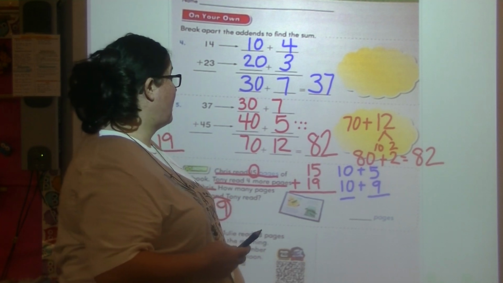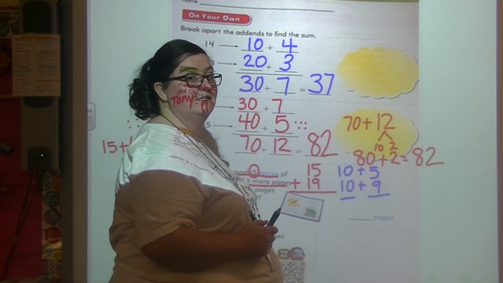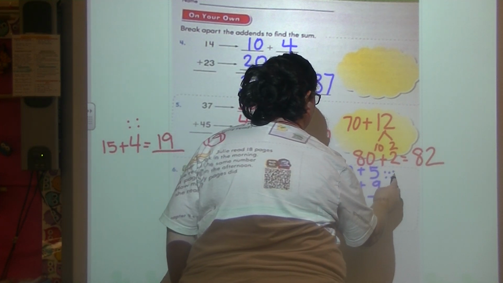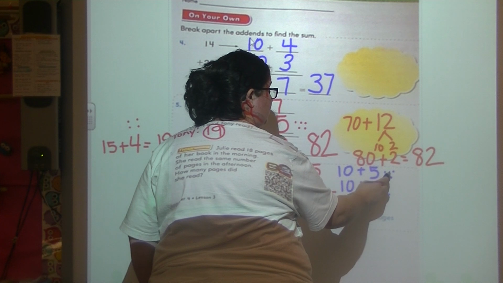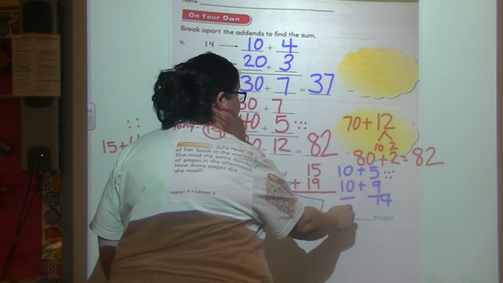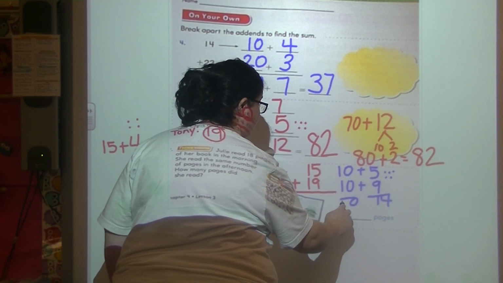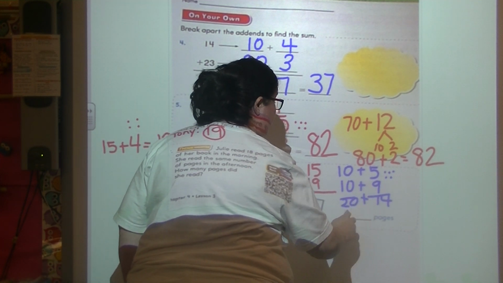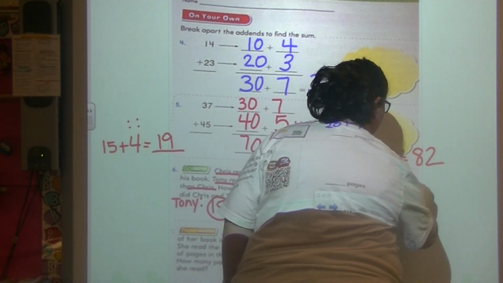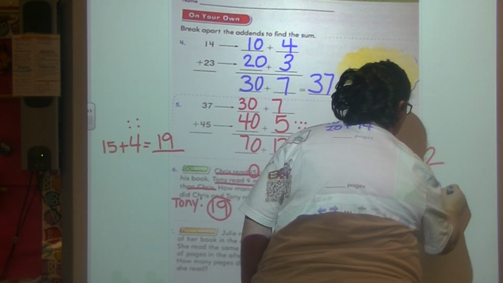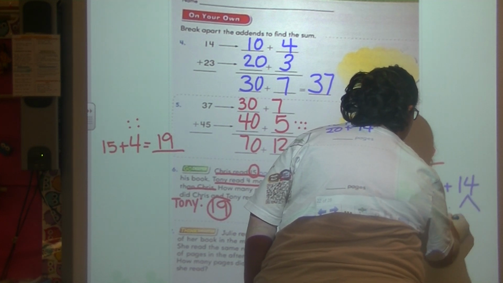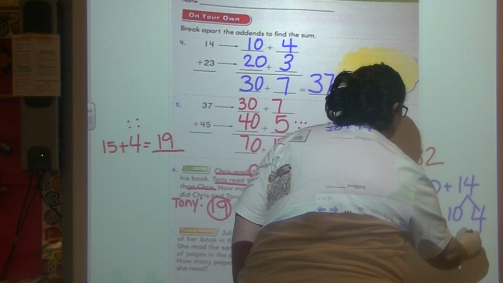All right, 5 plus 9 is 9, 10, 11, 12, 13, 14. And then we've got 20. So we've got 20 plus 14. All right, we've got to divide it again. 14 is 10 and 4.